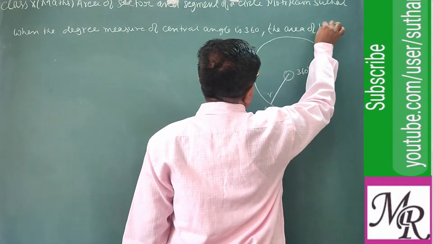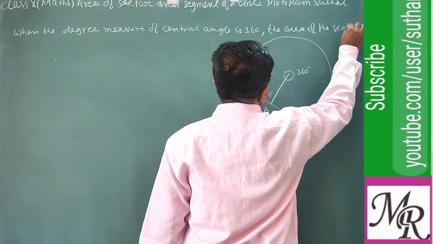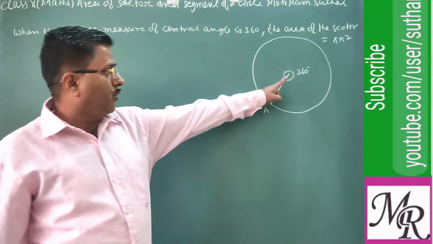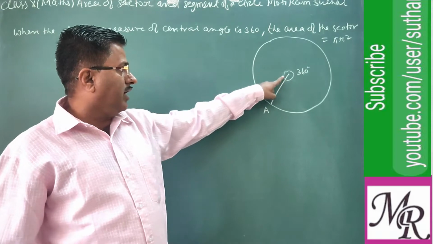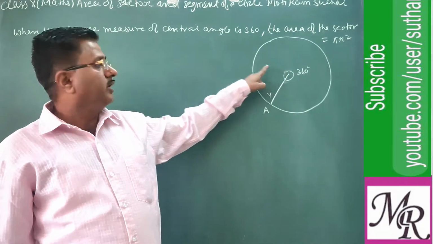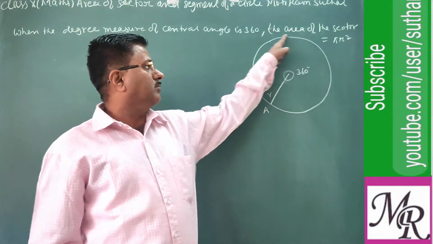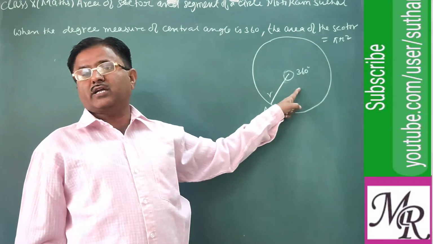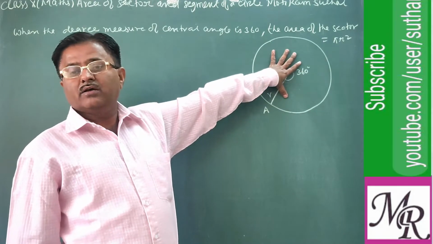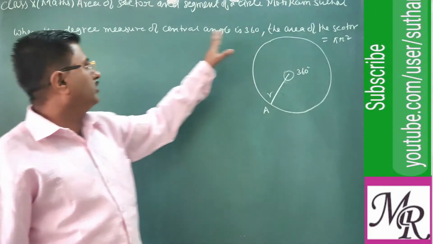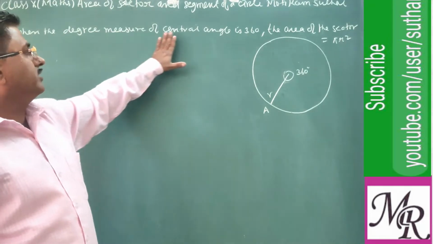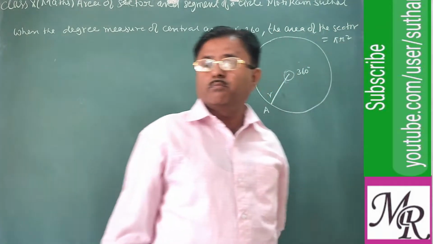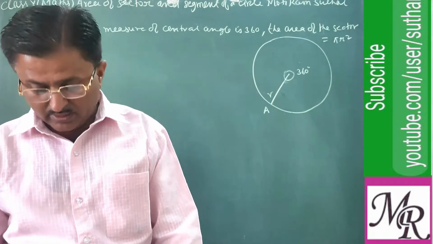So we can say the area of the sector, or you may call it generally a circle, we know is pi r square. When we take this central angle as 360, the area of the sector, which is a complete circle, which we are calling here a sector. So area of a sector means area of a circle, and we know when the degree measure of the central angle is 360, the area of the sector is pi r square.